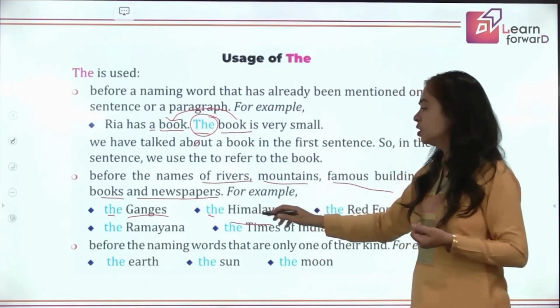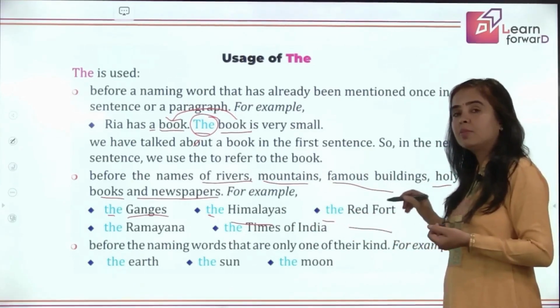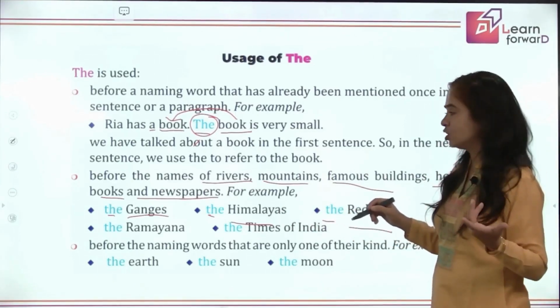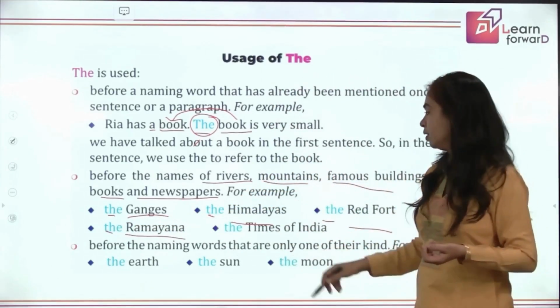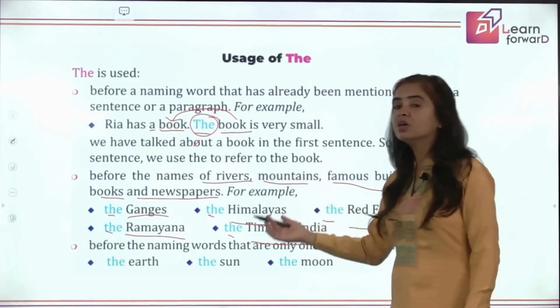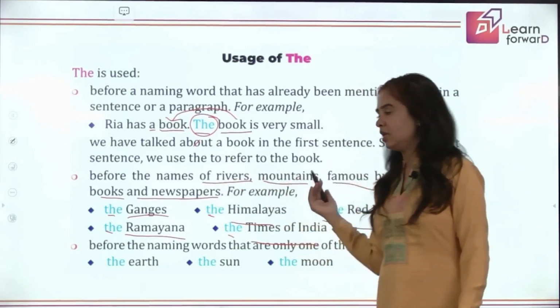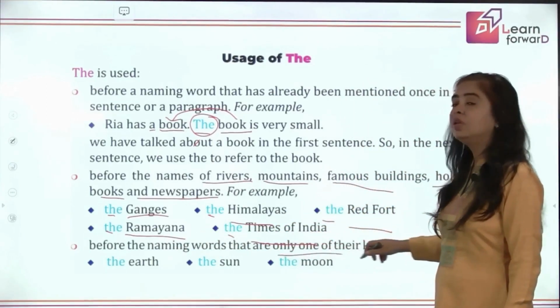So this is the before the names of mountains also, before special buildings, the monuments also, the Red Fort, the Taj Mahal. Then this is the holy book, the Ramayana. The Times of India is the newspaper. So we use the before all these names. Then before the naming words that are only one of their kind.